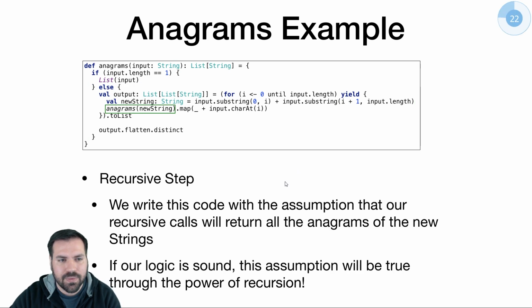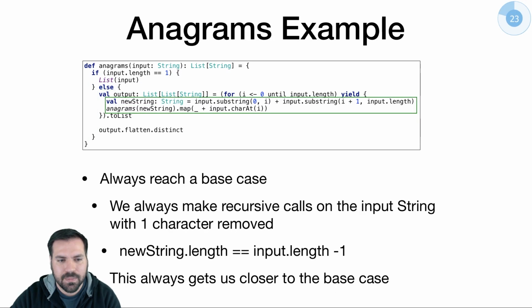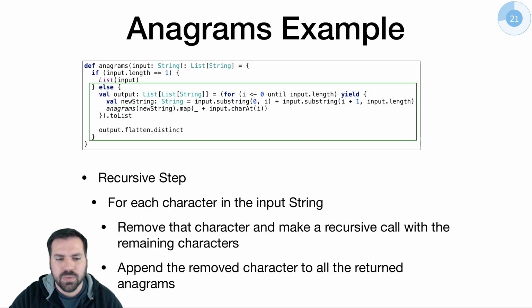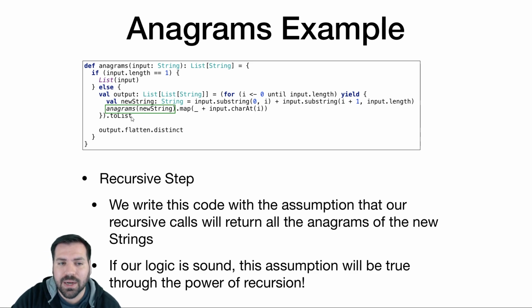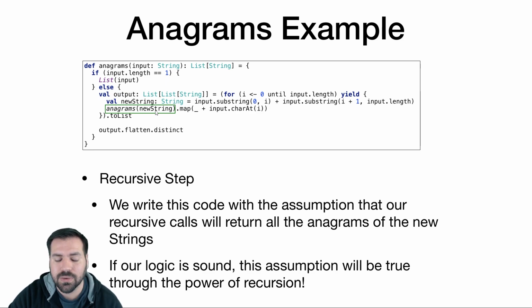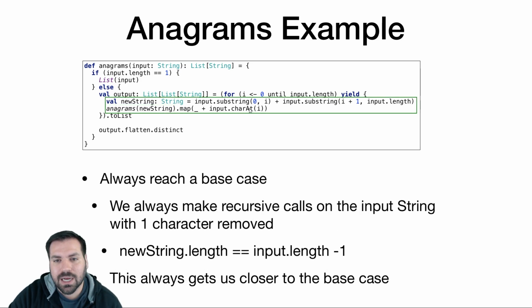And here's where we want to read through all of this code and make sure that our logic follows. So our recursive call is just assumed to be true. If we call anagrams of new string, we're going to assume that it just computes the anagrams of new string. And then we're going to write our logic to make sure that every recursive call gets closer to the base case.